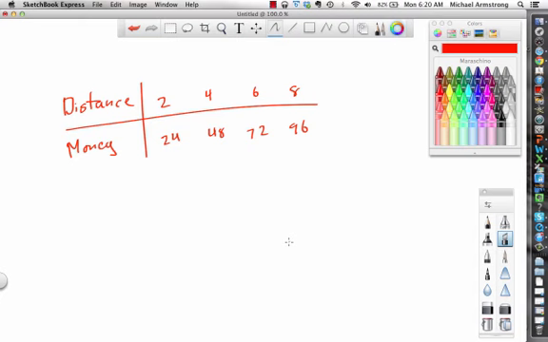The table shows the amount of money you can raise by walking for a charity. Okay, so we're going to just start with the first one, the change in the money.